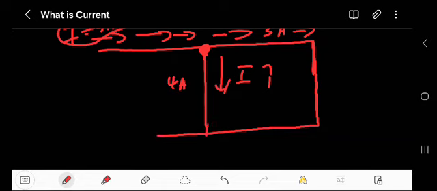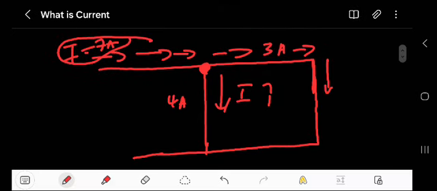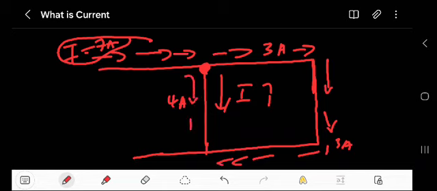Then let me construct it like this. As you can see, these 3 amperes will flow like that, still 3 amperes, as you can check. And also this 4 will flow like this.